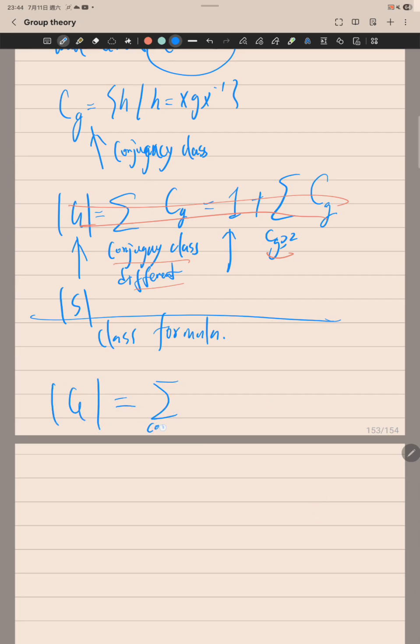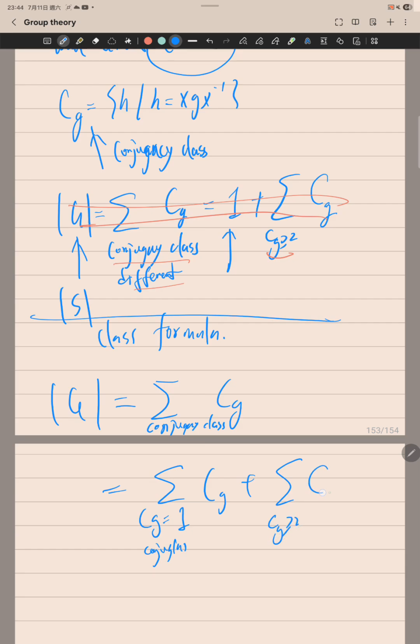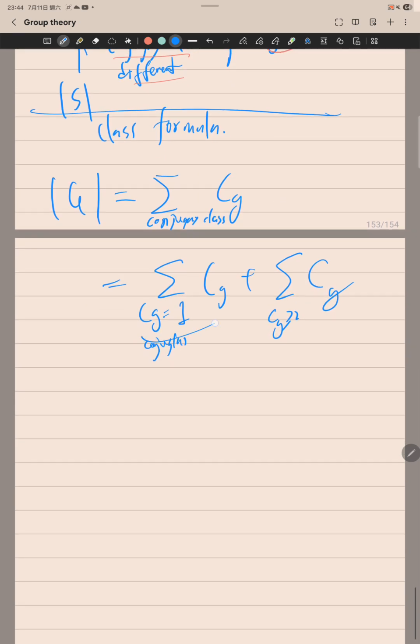So G is written as a union of conjugacy classes, but I can write it as the |C_G| equals 1 conjugacy classes plus some different classes with |C_G| greater than or equal to 2. So what's the |C_G| equals 1 case? Meaning that for that g, for every different h, the conjugacy class is defined to be h, which can be written as x g x inverse.